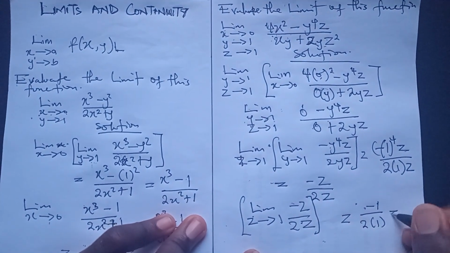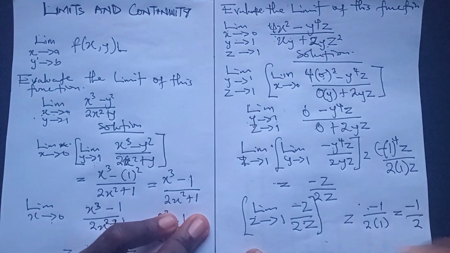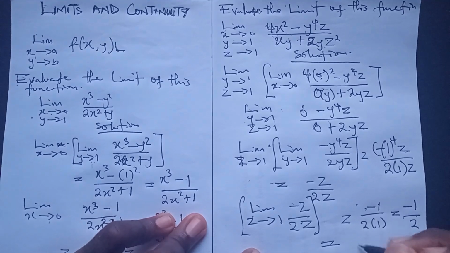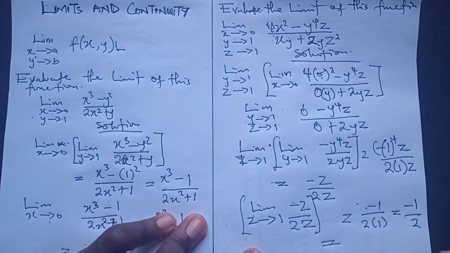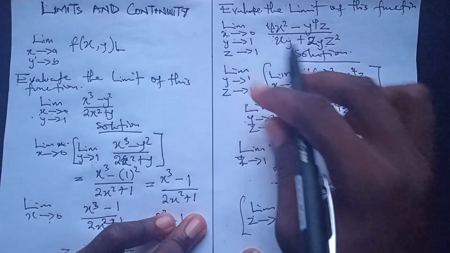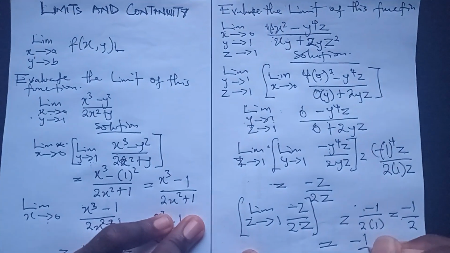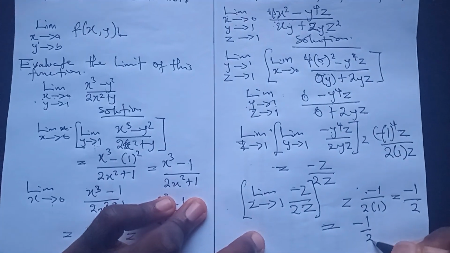So this is equal to minus 1 over 2. So our answer is, if we evaluate the limit of this function, the answer is minus 1 over 2.